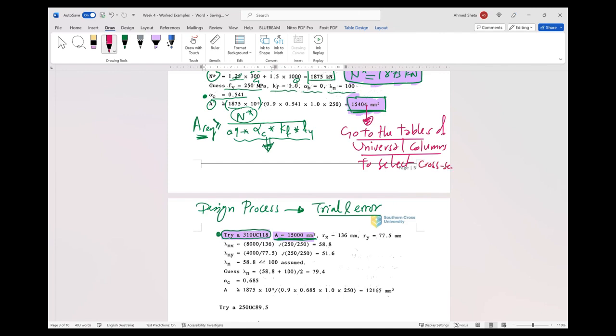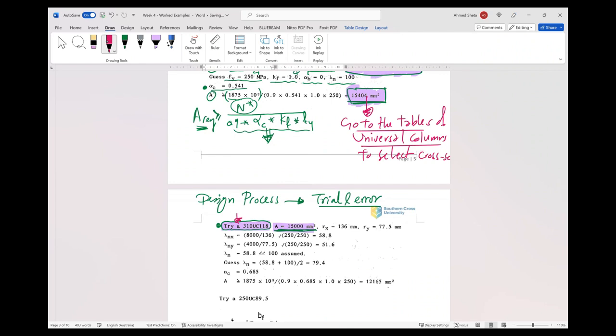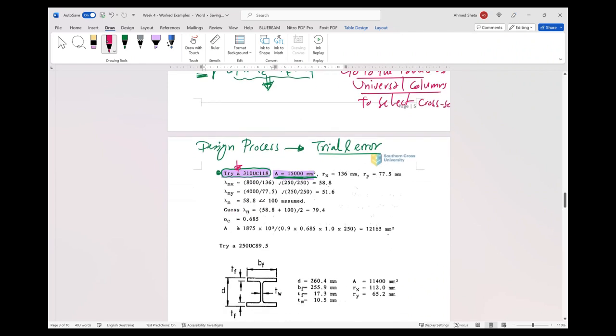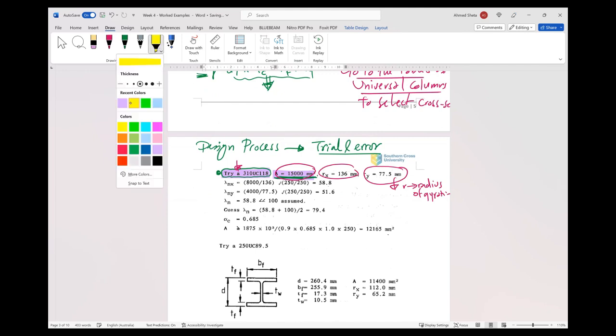So we selected this one, 310 UC 118. These are the properties from the tables: Rx and Ry, which are the radius of gyration about X and the radius of gyration about Y. So what we will do is, again, find lambda nx and lambda ny.